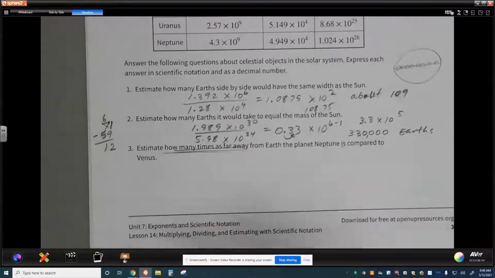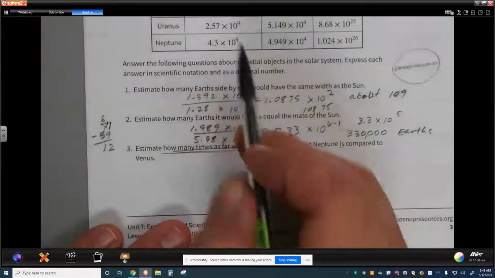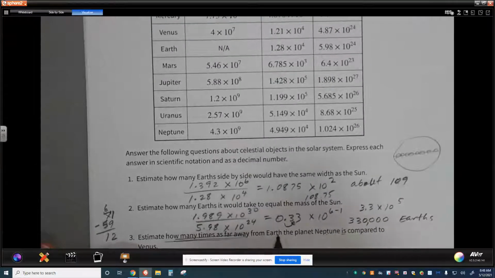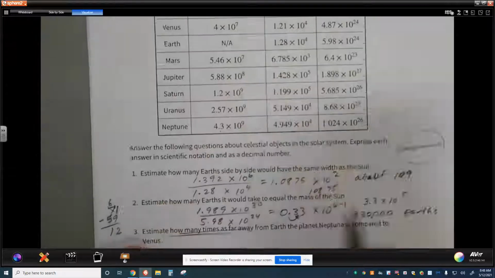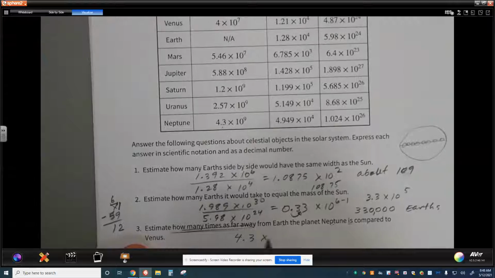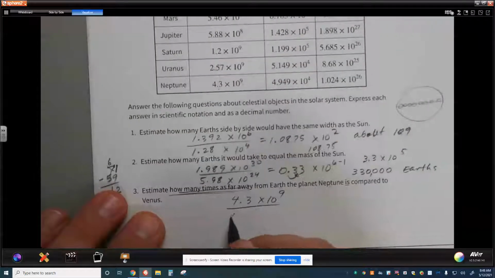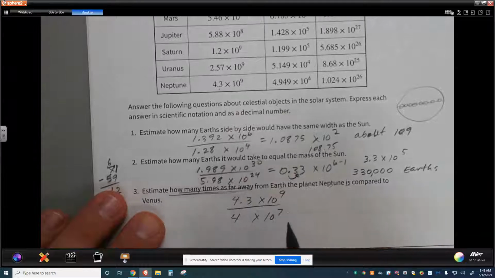We're going to have to take a little bit of those pieces with the distance to the Earth. We would look at Neptune and Venus and which one is further away. Neptune, 4 and 3/10 times 10 to the 9th power, divided by Venus, 4 times 10 to the 7th.